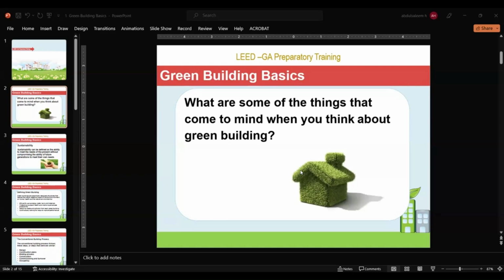The color is not getting much heat. It's like that. Yes, exactly. So it's how sustainable it is, not only in operation, but even in the starting, the design stage itself. When we are planning to construct a building, in the design stage itself, you can select whether the materials we are using for construction should be sustainable.